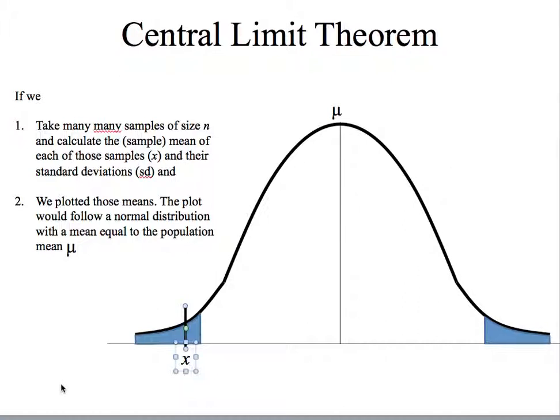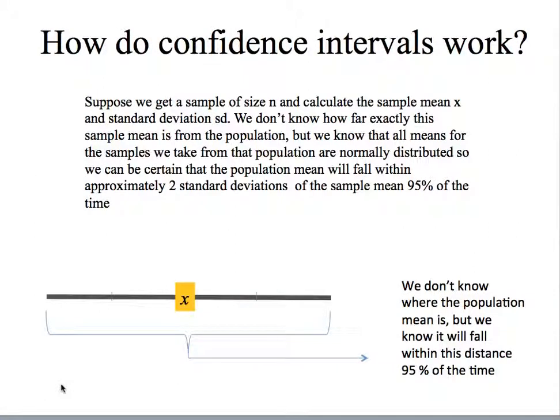Now, how do confidence intervals work? For every sample mean x that we get, we will calculate a confidence interval around it. And we know from the properties of the normal distribution that approximately 95% of all the observations in a normal distribution will fall about 2 standard deviations away from the mean.